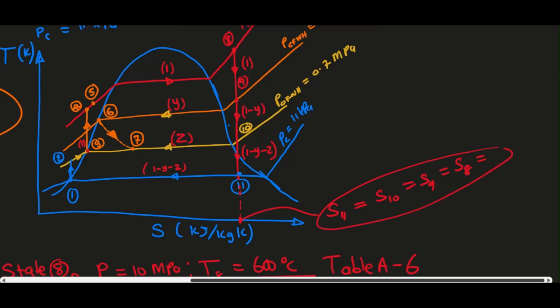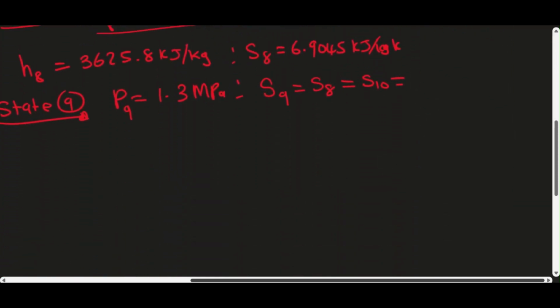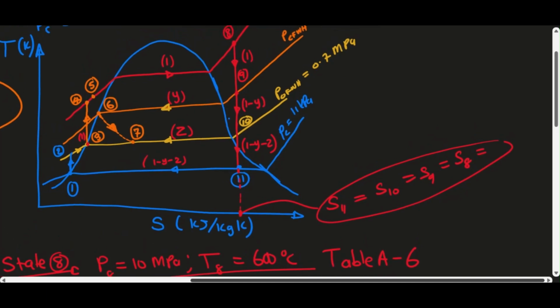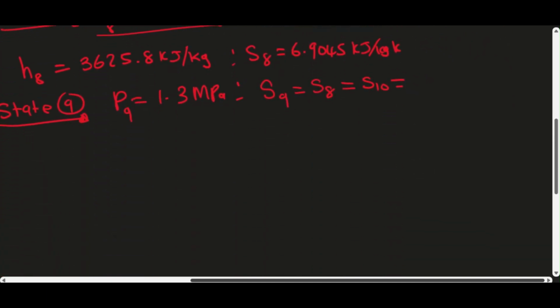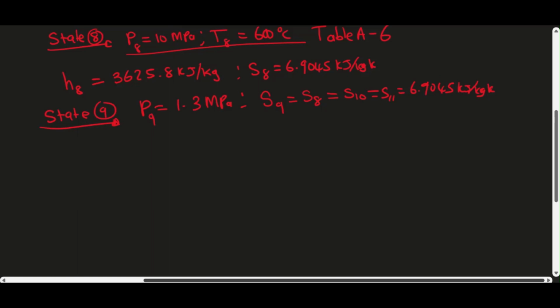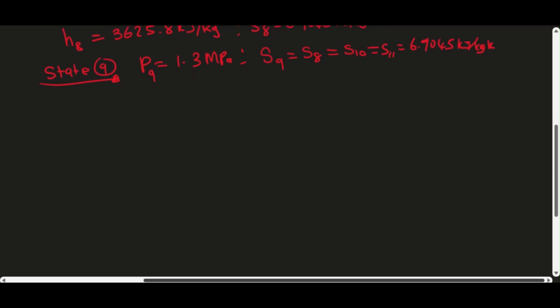Do you see that? Isentropic. Cool. So this is the same as S11, which is 6.9045 kilojoules per kilogram Kelvin. So by the end of this video, you will be able to double interpolate. Trust me.